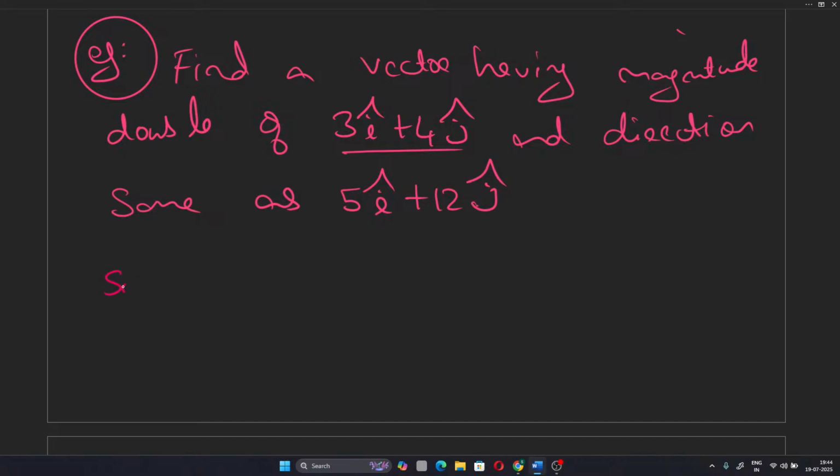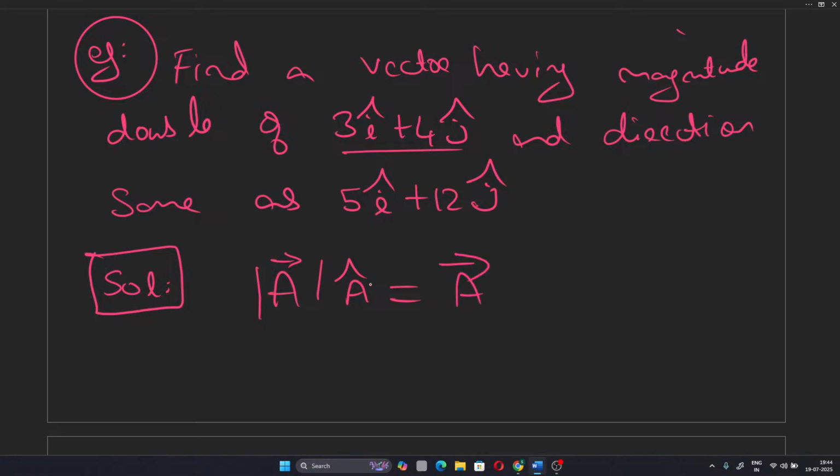We know the magnitude of A vector times A cap, which is a unit vector, will give the actual vector. Since we need a direction same as this one, we need to find the unit vector of that.